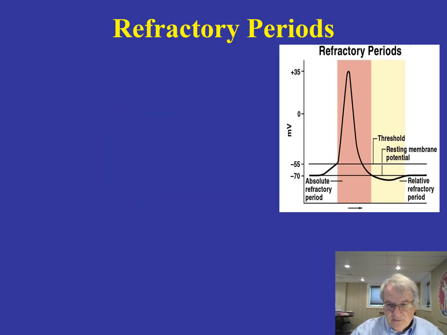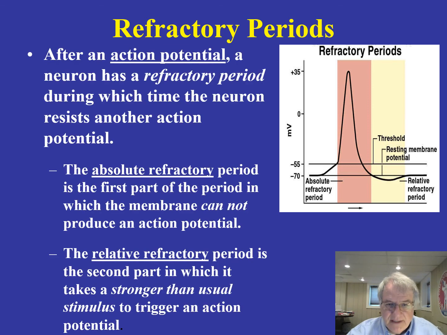We have these refractory periods that are important to understand. After an action potential, you get this firing of the neuron, and during this phase that we see right here, this colored area, this is called the absolute refractory period. That means that the neuron can't be fired, even with way, way above threshold stimulation.